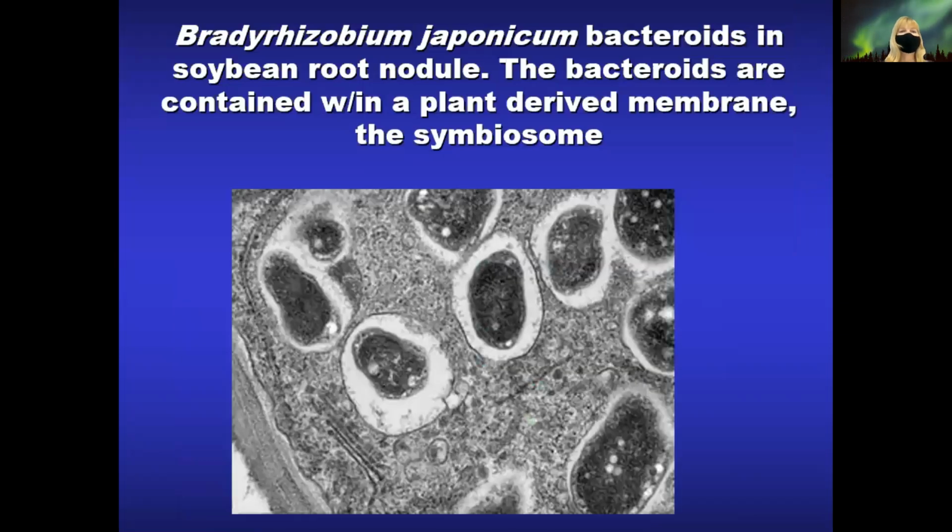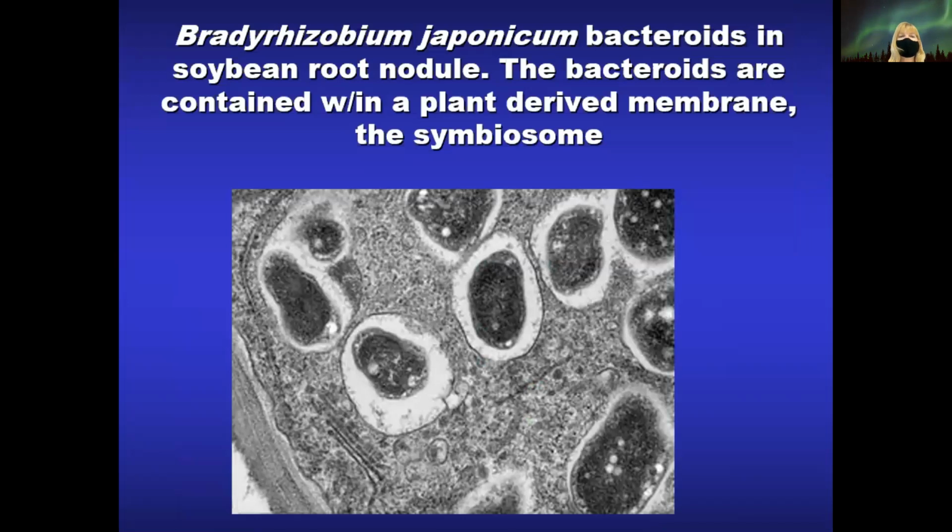All right. So here, these are the bacteroids you can see again, but I also like that this image captured the membrane material, the vesicle material, or the symbiosome, or the peribacteroid membrane, always surrounded by plant-derived membrane.